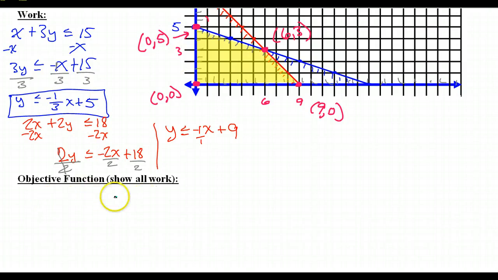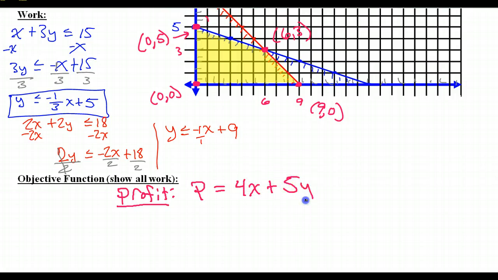So we are talking about a profit equation, and we can just call it P equals 4x plus 5y. All right, profit. And we will substitute our vertices in one at a time.